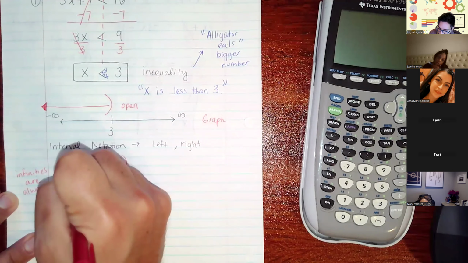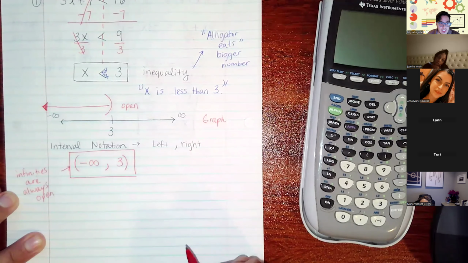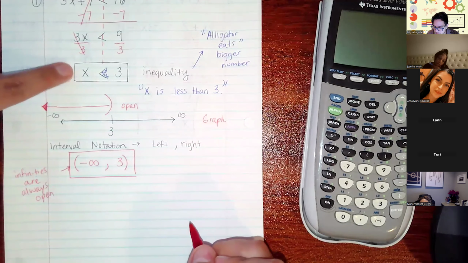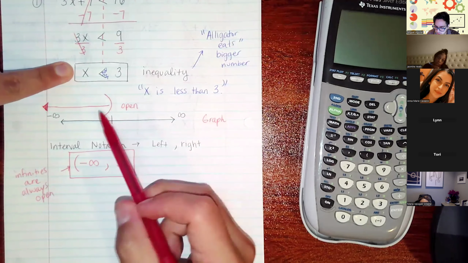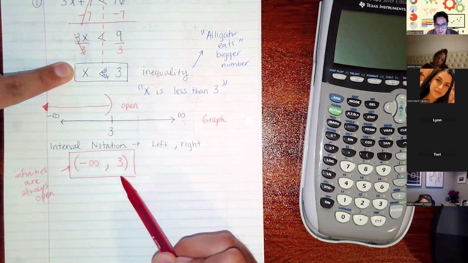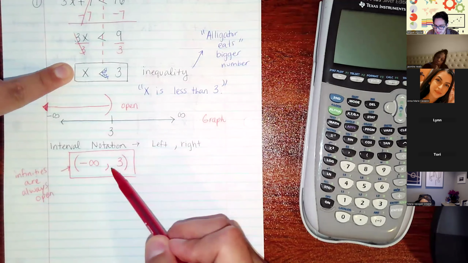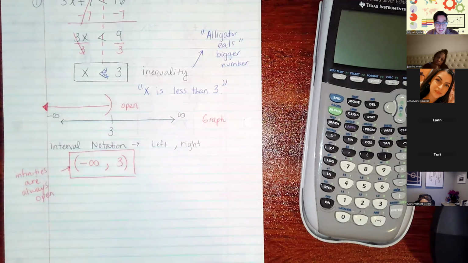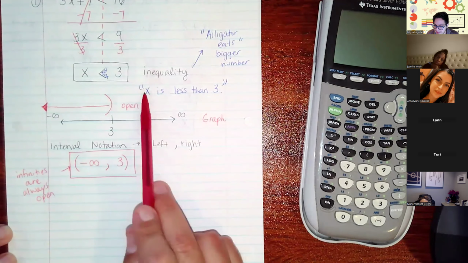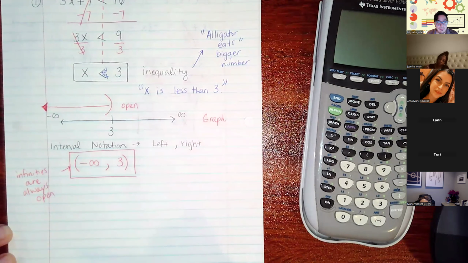Okay, and then that's how we're going to write our interval notation. So whether we're talking about the inequality or the graph or the interval notation, all these 3 things are different ways of representing that same idea that x is less than the number 3.